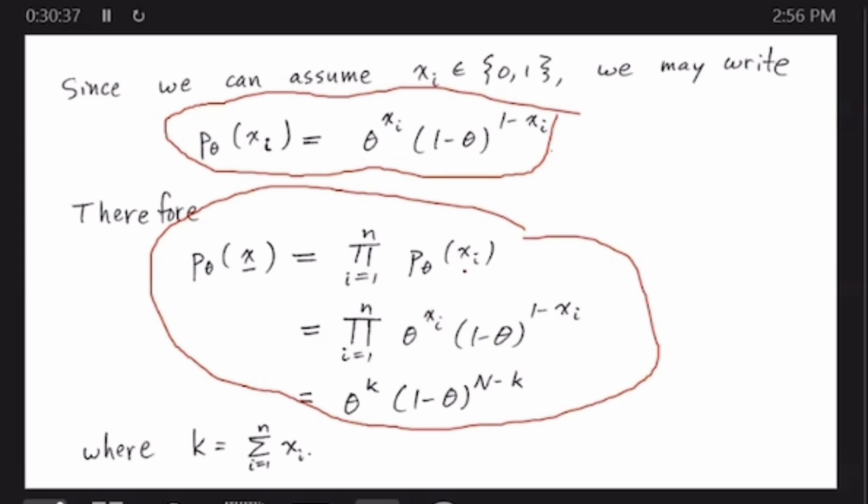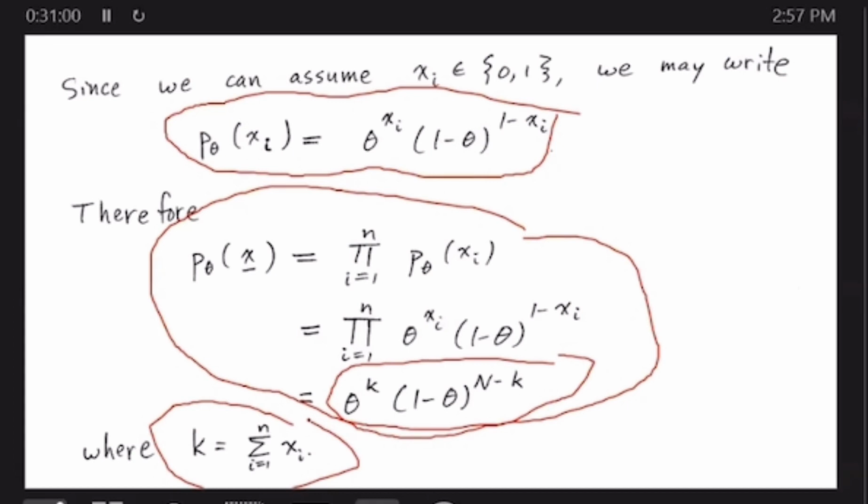Now, this is like having this n times, and the k that you see here is going to be the summation of x. If I put 1, that is going to be theta raised to the power x1, 1 minus theta raised to the power 1 minus x1, and I plug in 2 and so on, multiplying in a general form. That's what I'm going to have. Now I got k to be the summation of x.